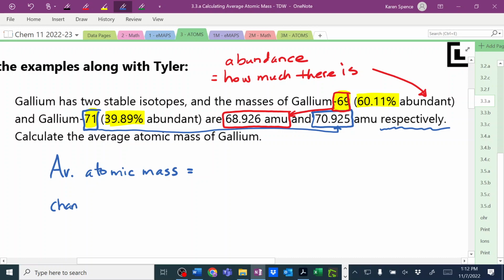So you change the percent to a decimal. Okay, so we have gallium-69 is 60.11%. Oh, I should have changed it to a decimal because I just said I was going to do that and then I didn't. 0.6011.